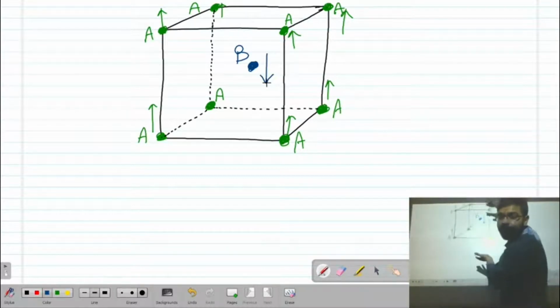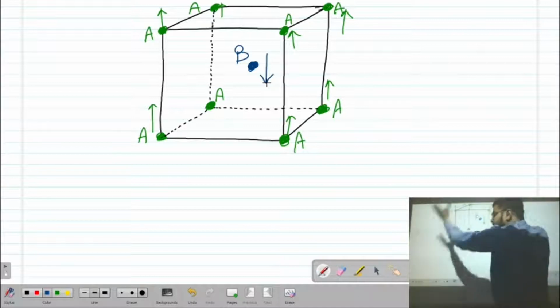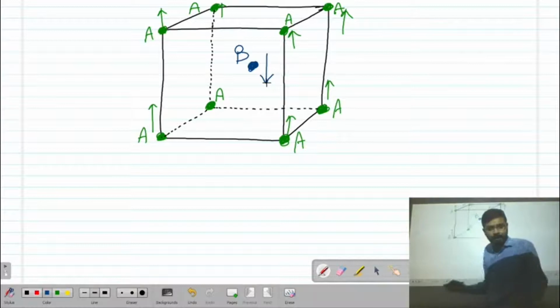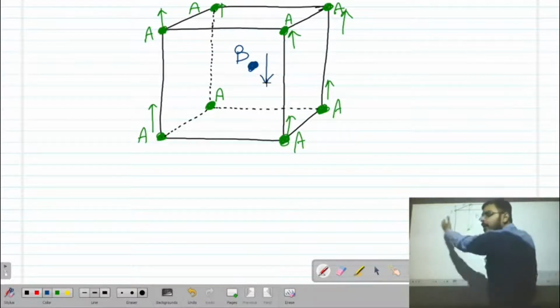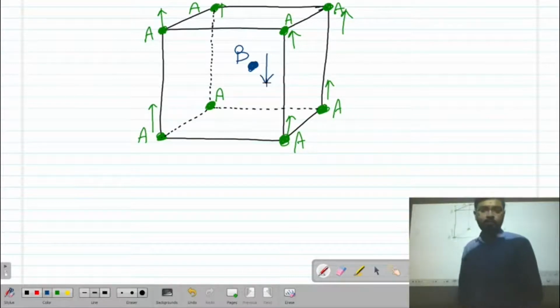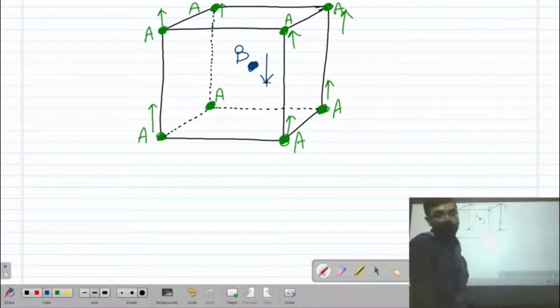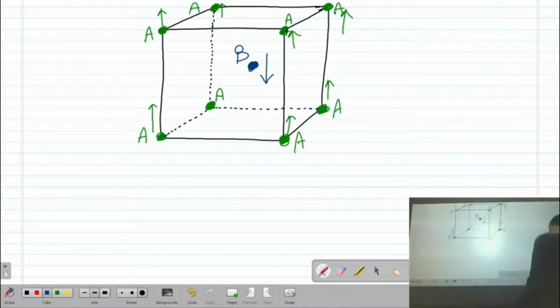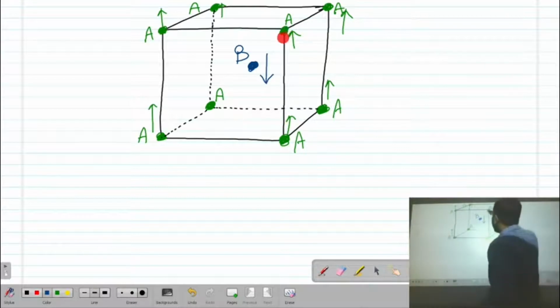You can assume a similar kind of square on the bottom, on the top, on the right, left, everywhere, because the material will be made up of a bulk material. In bulk, a number of these cubes will be attached to each other. You can also visualize that this A atom is being surrounded by a number of B atoms.